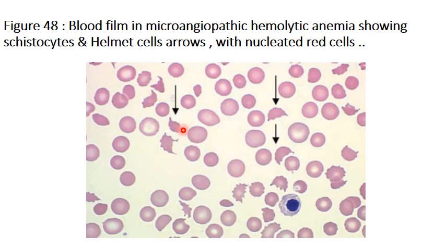This is a schistocyte. This is an irregular, atypical looking red blood cell. It looks bitten, with an irregular outline, called a schistocyte, and this is a helmet cell, which looks like the helmet of a soldier.